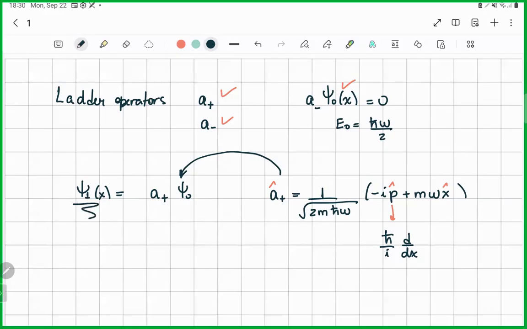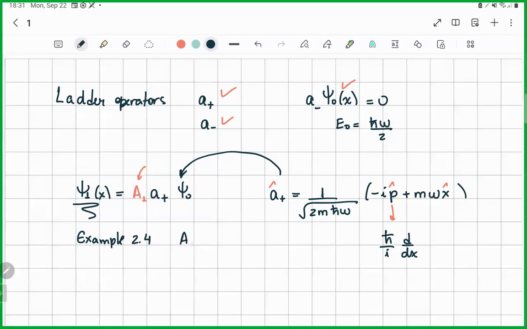However, in this process, we have to ensure that this new state, psi 1, is normalized. So we have to check this constant. And you did this in example 2.4. There is also a video for this example. In this case we were very lucky.